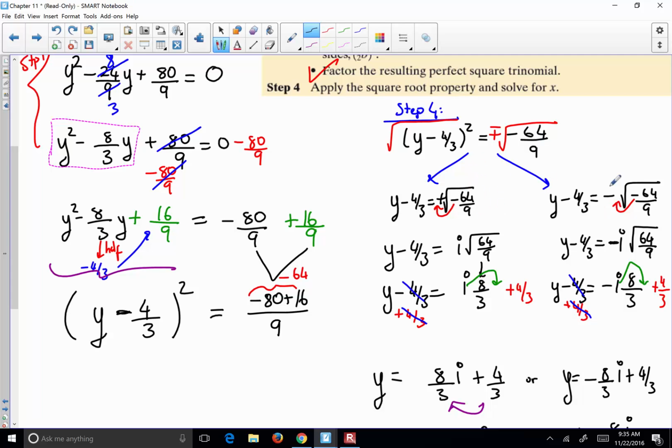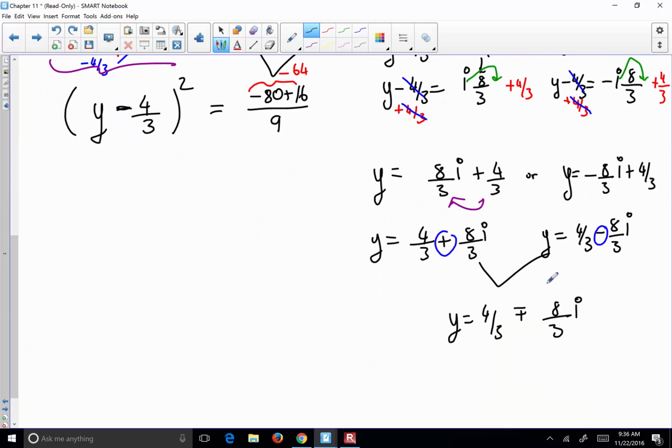When I did that, I happened to have a negative sign inside the jail, so we cured them out as i's, plus or minus i's, and those numbers 64/9 turned into perfect 8 and 3. We just flipped the terms and left y alone and got a combined result.